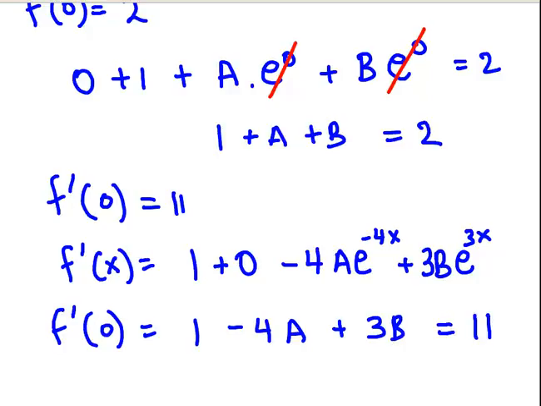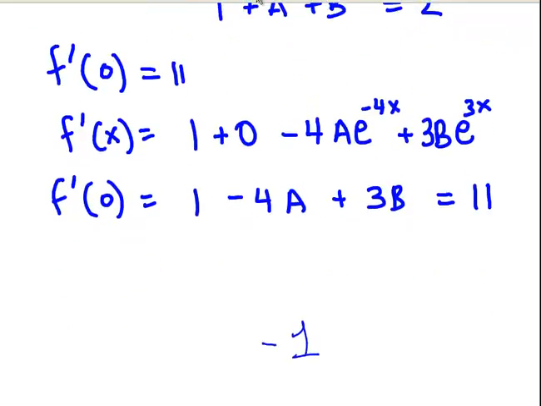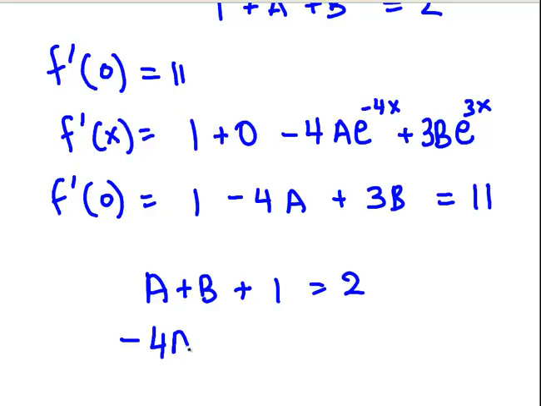So what we have here is two equations, two unknowns. Let's just group them up. a plus b plus 1 is equal to 2. Minus 4a plus 3b plus 1 is equal to 11.